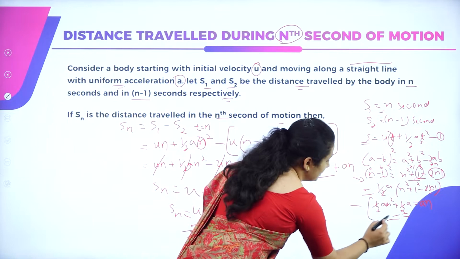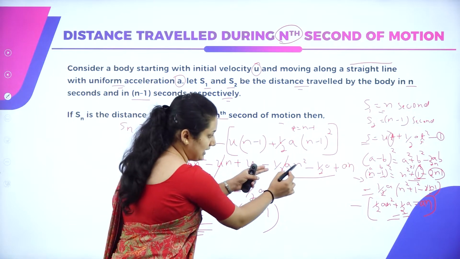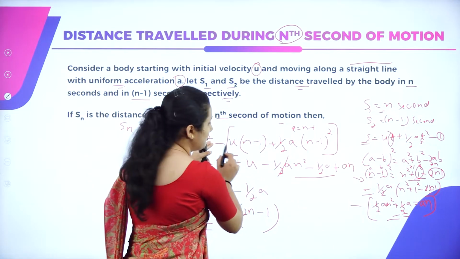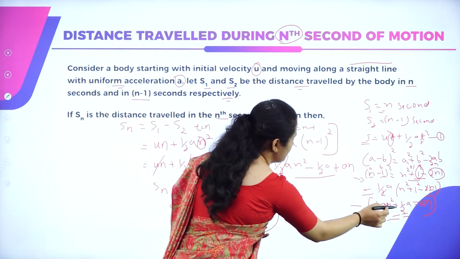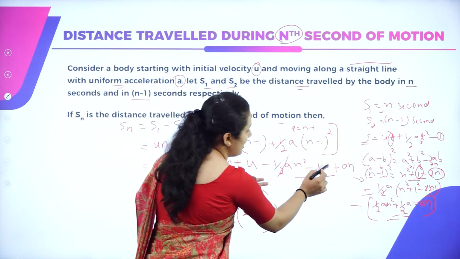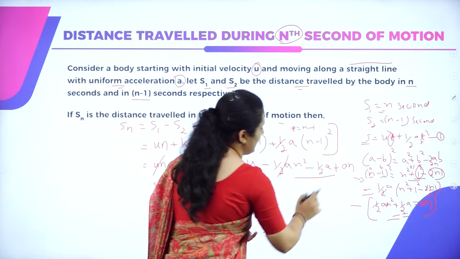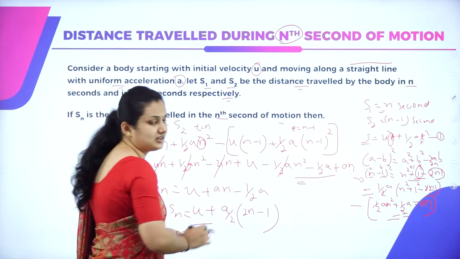So when you take the negative of this entire expression, you'll get minus half a n square, and minus plus minus, you have minus here. So minus plus is again minus, minus half a, and again minus minus is plus, so plus an. So this is the term you get if you simplify this entire term.